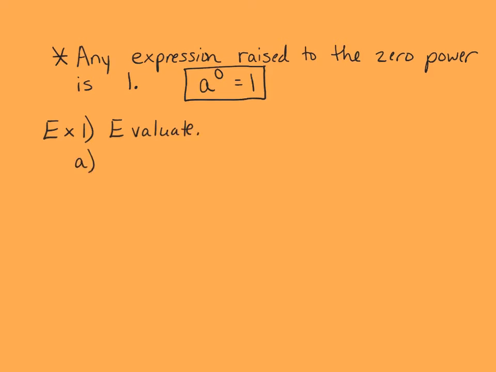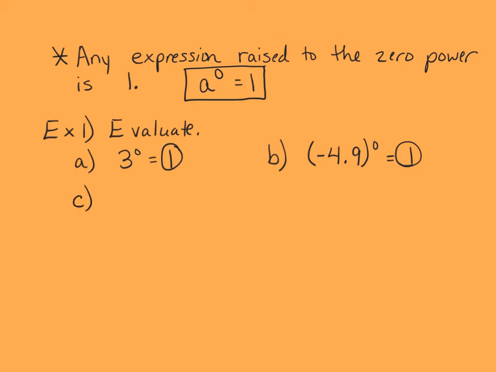So problem A, 3 to the 0 power, we already learned that that is 1. What if we have a decimal, negative 4.9, and it's raised to the 0 power? Well, our rule says any expression raised to the 0 power is 1, so it equals 1.